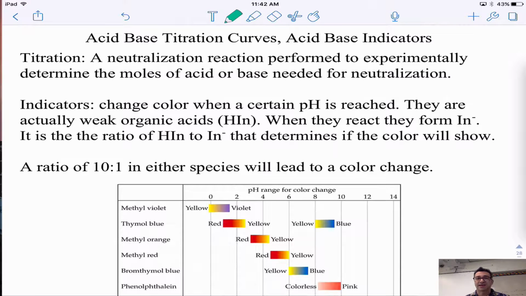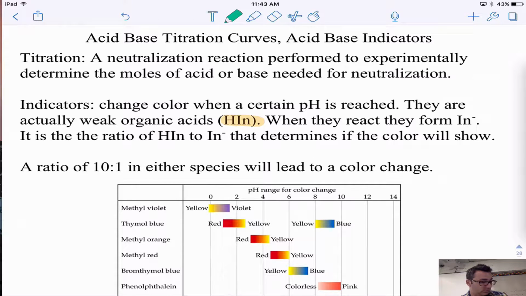And it turns out that indicators actually are weak acids, and they have hydrogen ions that are formed. We'll use this symbol here, HIn, but the indicator is actually changing its form.